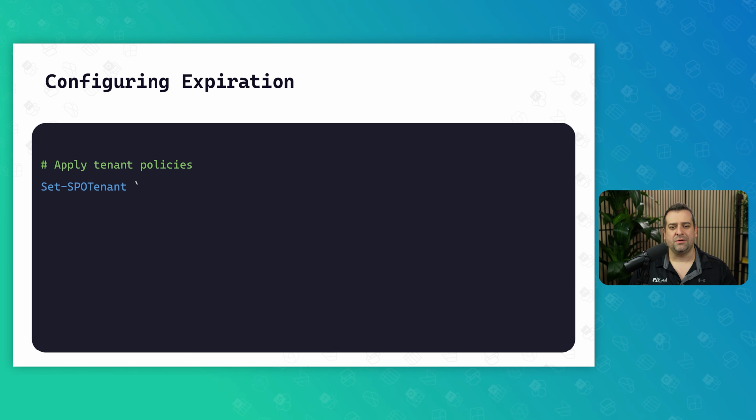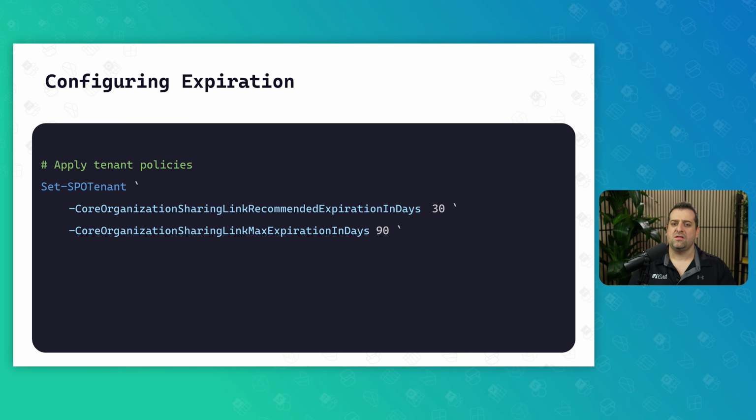And for SharePoint, you have the core organization sharing link recommended expiration in days, and the core organization sharing link max expiration in days. Whew, yes, not the shortest parameters, but the first one, as you can see here, is the recommended, while the second one is the max.